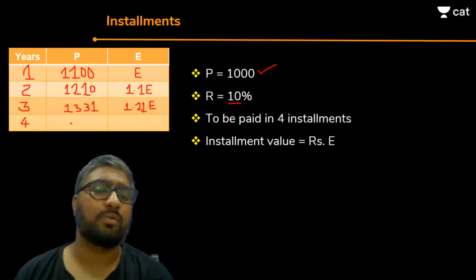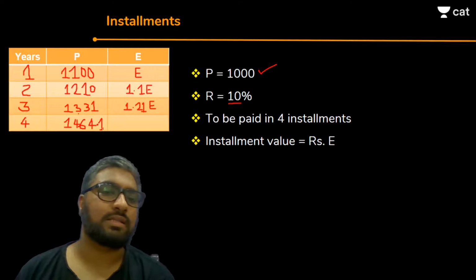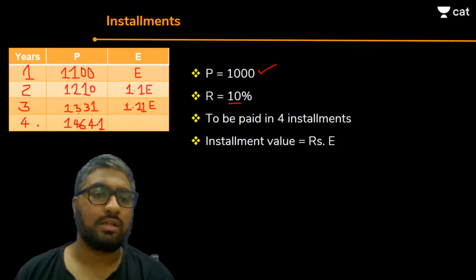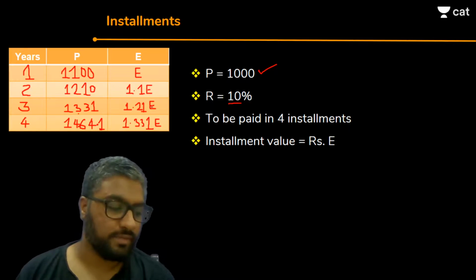How much would you be owing me the fourth year? 1,464. Correct? This is what you would be owing towards the end. And how much should be the installment then? That's nothing but 10% extra on the previous installment.